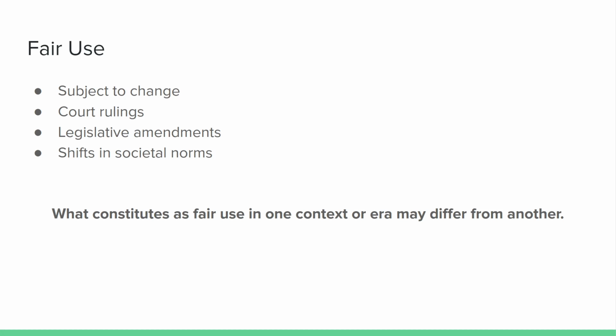I mean, it's subject to change. It's based on previous court rulings, previous legislative amendments, and on top of that, there are always shifts in societal norms that change what fair use might actually be. So what constitutes fair use in one context or era may differ from another.